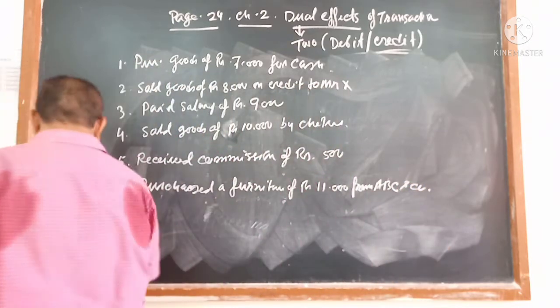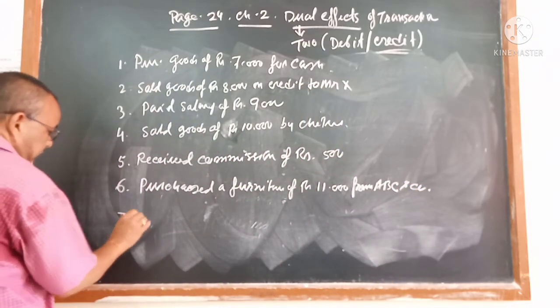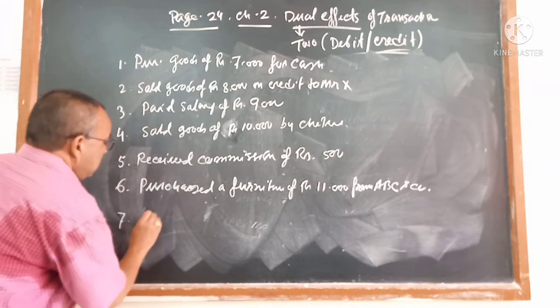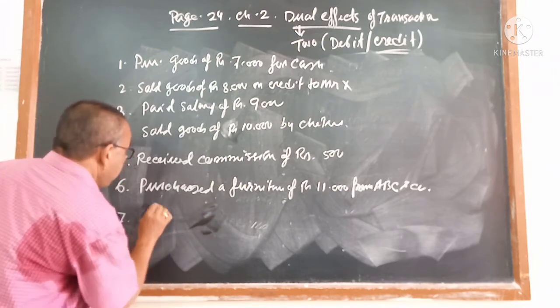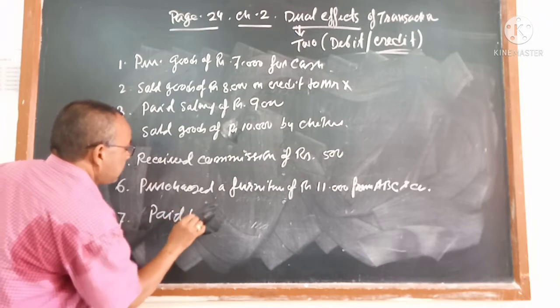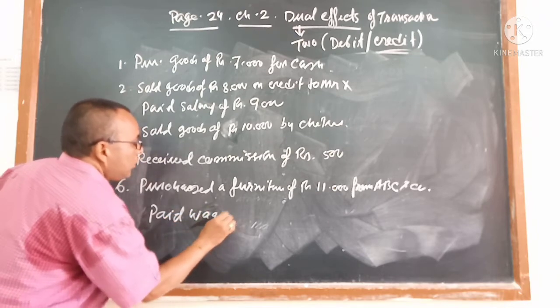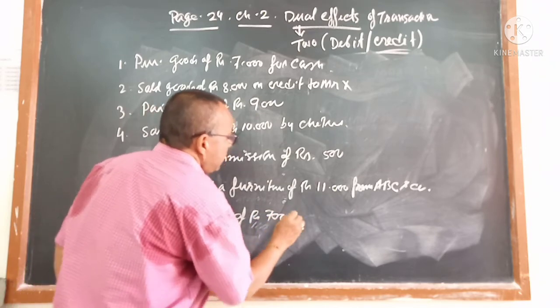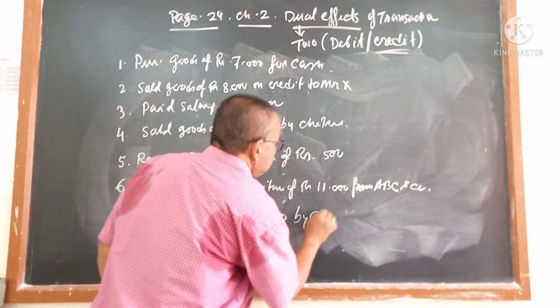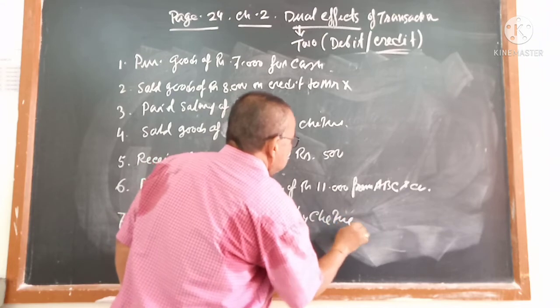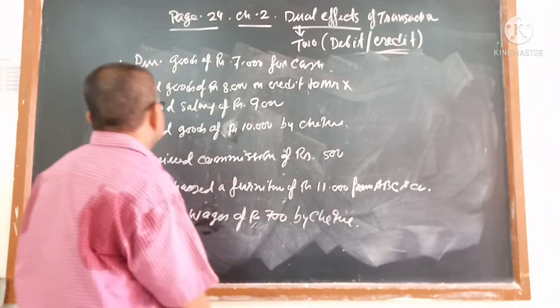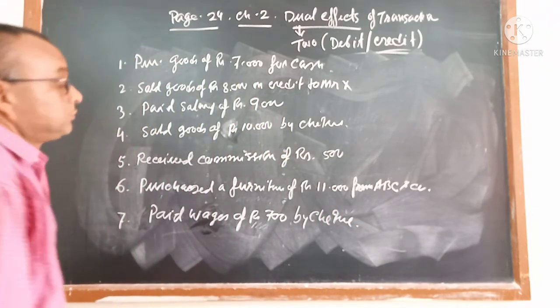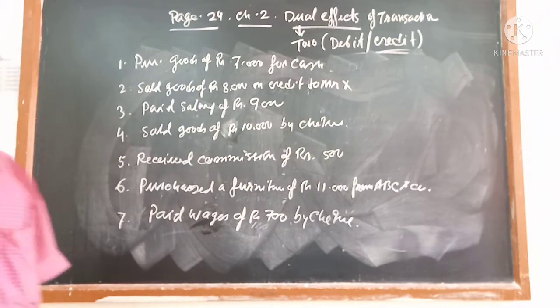The seventh one, paid wages of ₹700 by check. What are you going to find out?